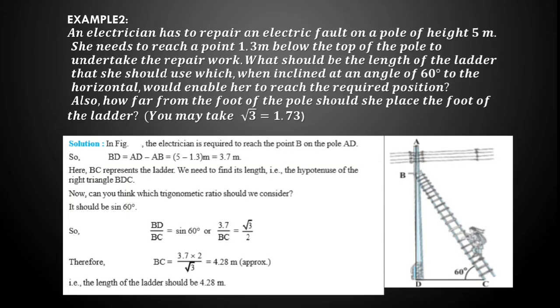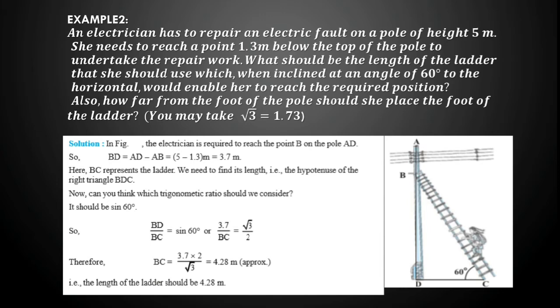Now example number 2. An electrician has to repair an electric fault on a pole of height 5 meter. She needed to reach a point 1.3 meter below the top of the pole to undertake the repair work.